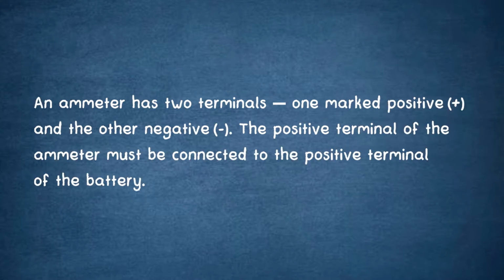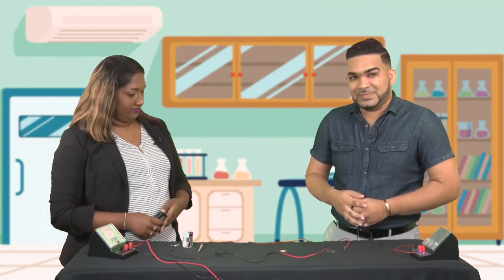An ammeter has two terminals, one marked positive and the other negative. The positive terminal of the ammeter must be connected to the positive terminal of the battery. Now, boys and girls, let us take a look at a demonstration of measuring current using an ammeter.